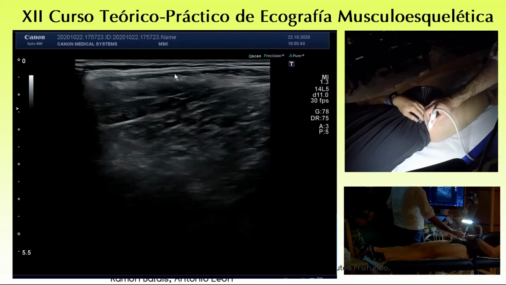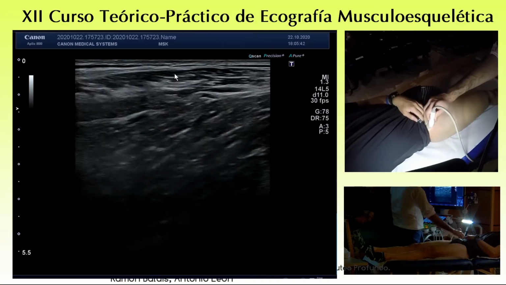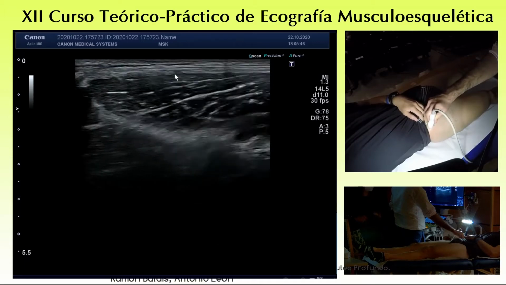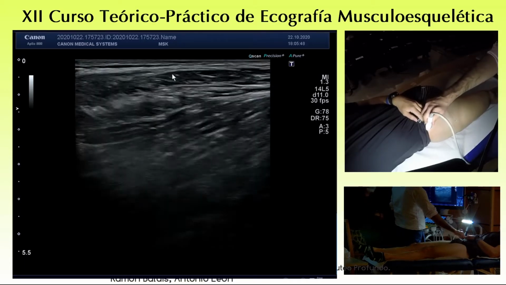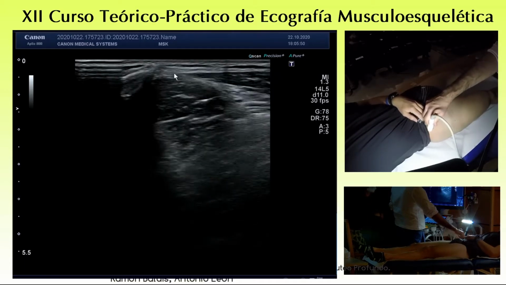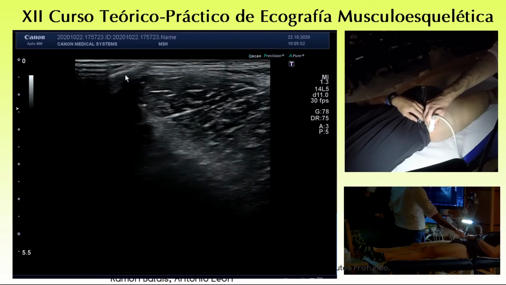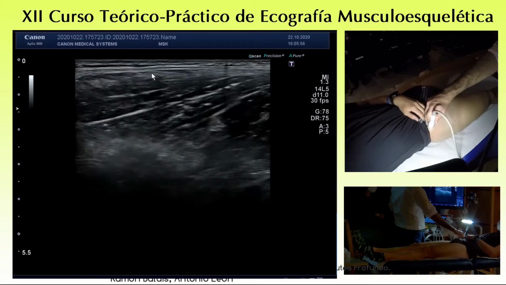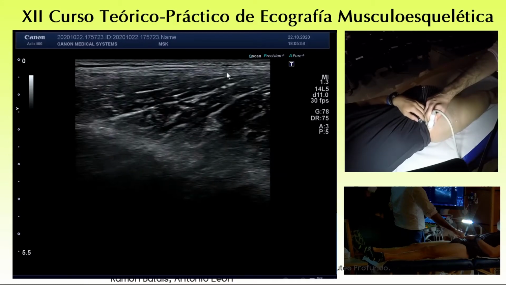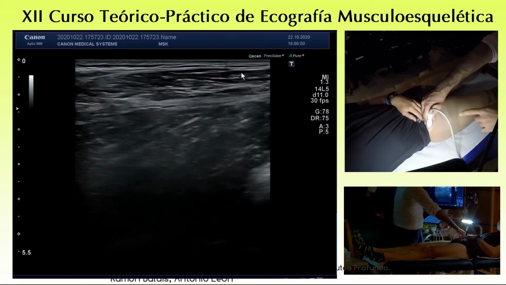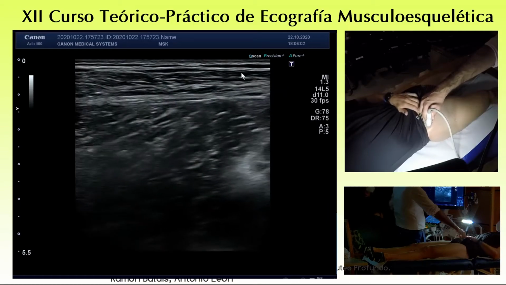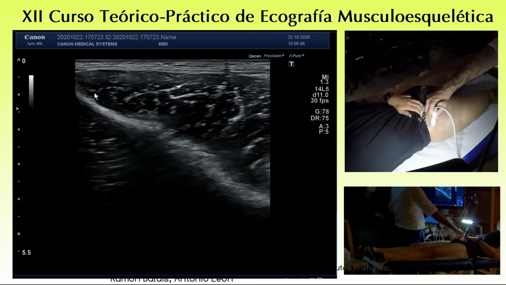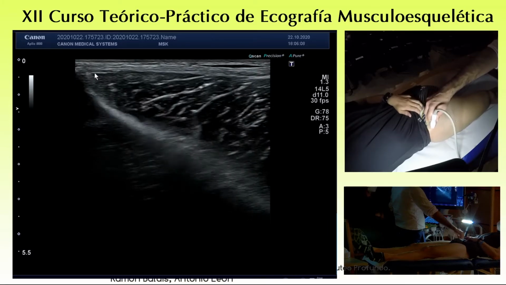okay, and we look for the lateral femoral cutaneous nerve. Okay, first of all, you have to look for the inguinal ligament. So you check for the anterior superior iliac spine and orientate the probe toward the ligament, toward the pubic tubercle, and you have this very superficial fibrillar structure.